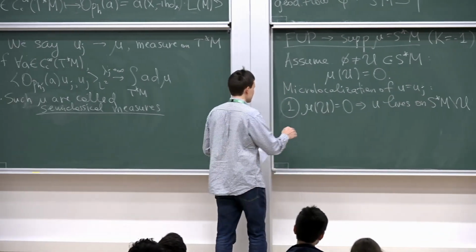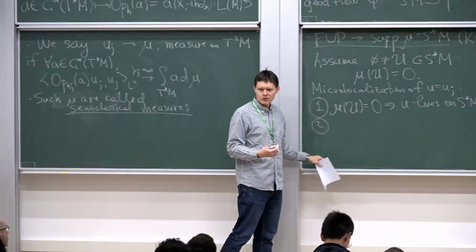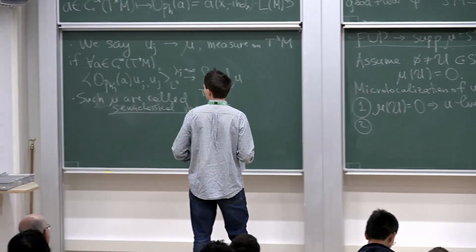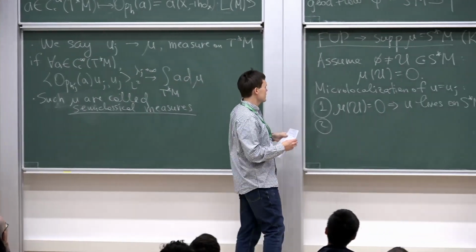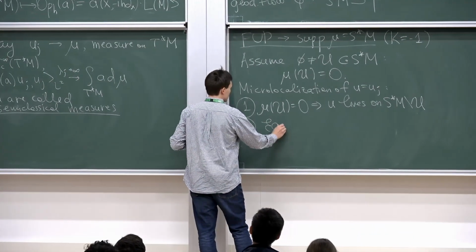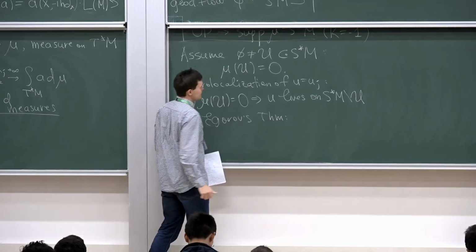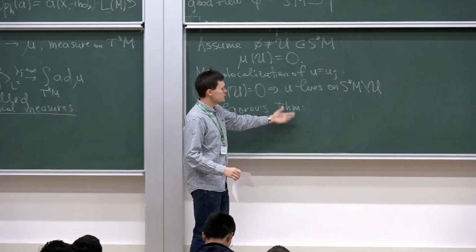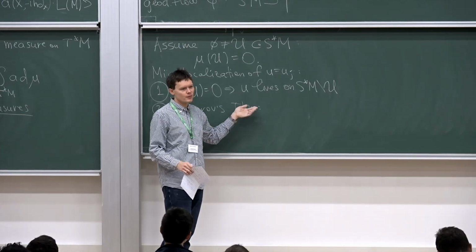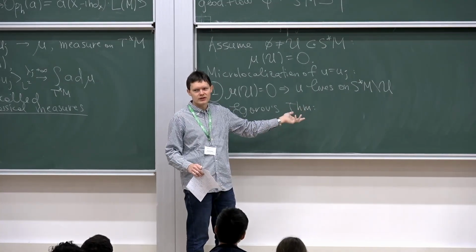In some sense. Now the second statement is a finer version of classical-quantum correspondence, which can actually be used to show, for example, this measure invariance, which I haven't erased yet. And that's something called Egorov's theorem. I'm not going to state Egorov's theorem, but it relates conjugation by, let's say, the half-wave group or by the Schrödinger group to pull back by geodesic flow. That's where the geodesic flow really enters the picture.